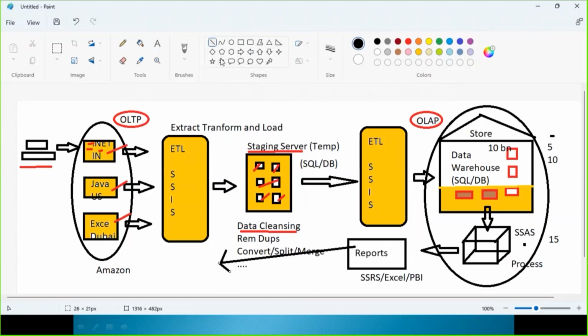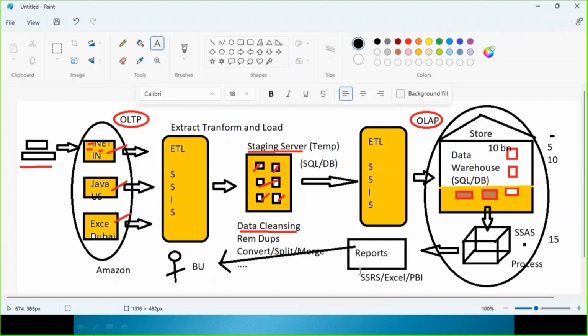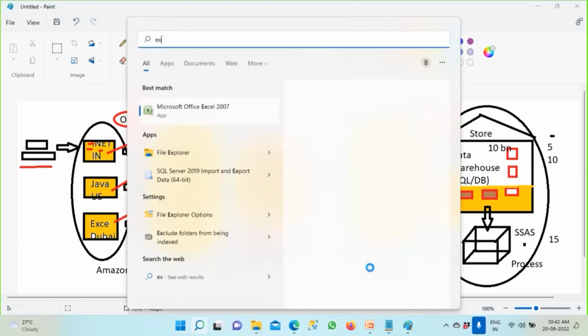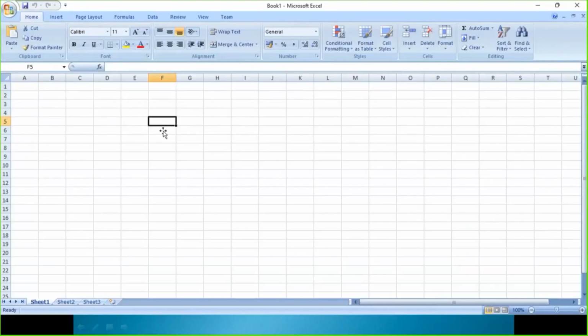These reports will be given to the end user or business user, the people who are running the business in Amazon. So these are called decision makers. Clear? Or the business user, BU heads, or the managers, officers, they will take the report and they will be able to analyze. For example, I'll show you one report. I have some data. For example, I say Sony sales is, let us say, $10 billion.